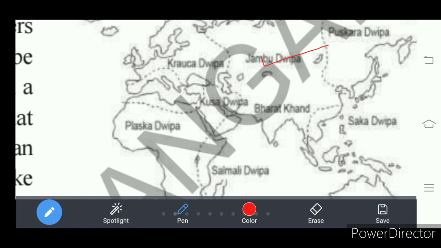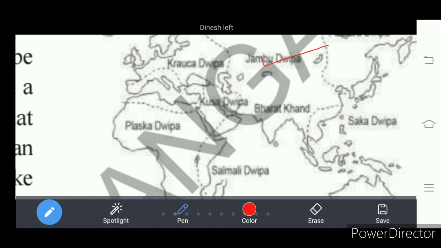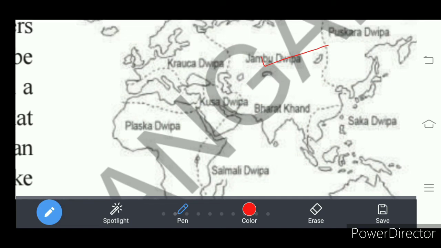We also get some references to a number of pictographic maps shown by the pilgrims. Pilgrims means those people who travel from one place to another place. They are called pilgrims.